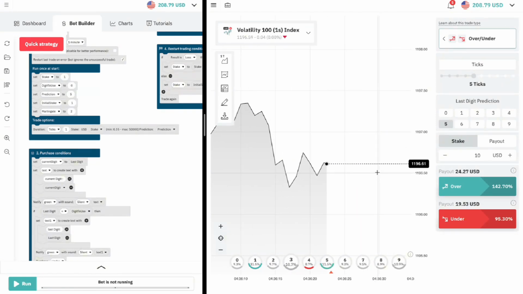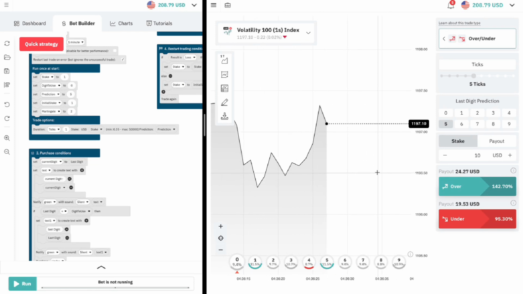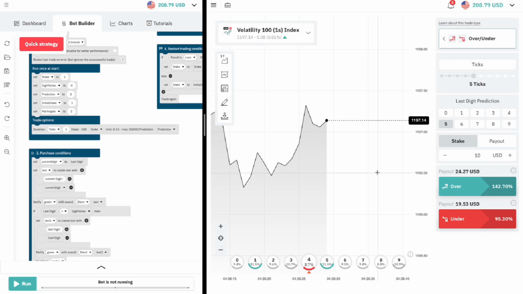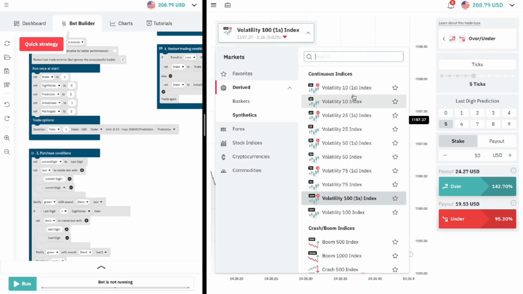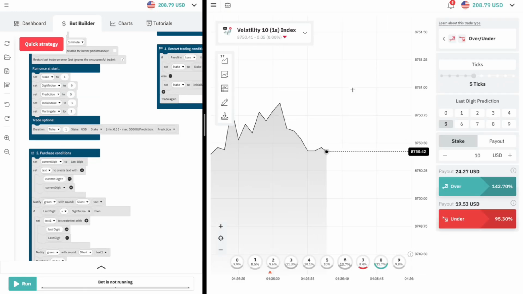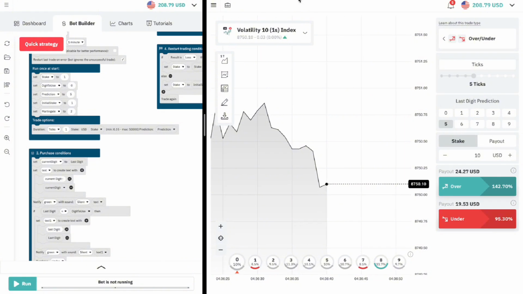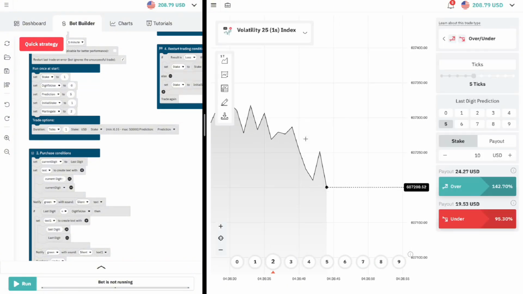So we always look for one to be the most appearing digit, and then we go for under 5. We also look for a market where one is not competing with any other digit. Okay, 101s.